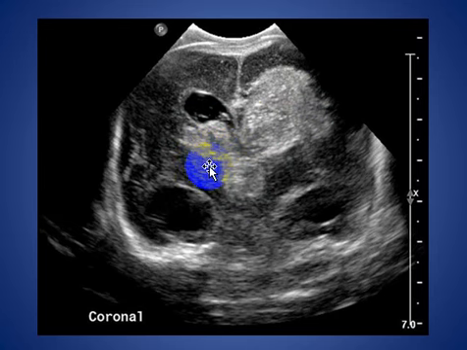In this coronal cranial ultrasound, it is consistent with grade 4 bleeding, intraventricular and parenchymal hemorrhage, and hydrocephalus.